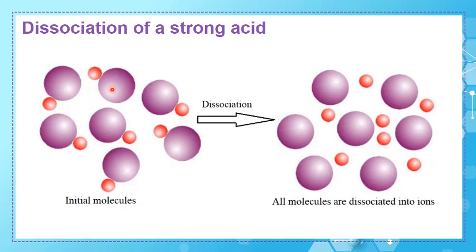So look here, each molecule is 1 unit. Once put in water, as you can see, they dissociate. Upon dissociation, look, all molecules without any exception are split apart to give the violet balls, which are the anions, and the hydrogen ions, H+, that are represented here by the orange balls. So all molecules are dissociated into ions.